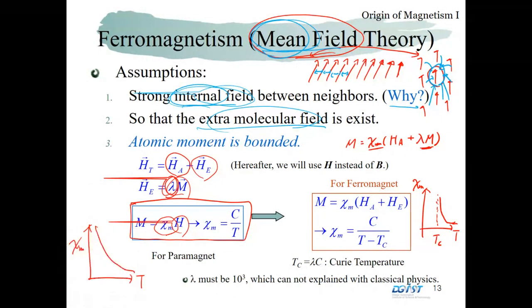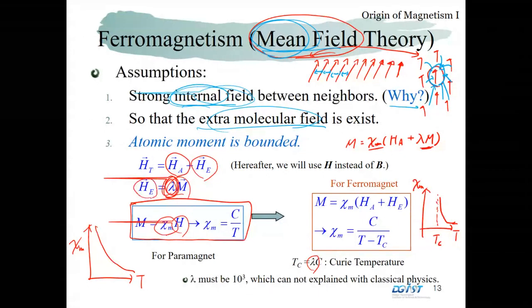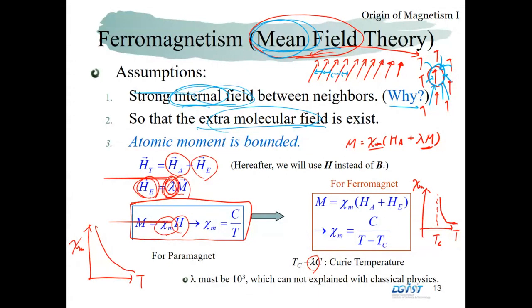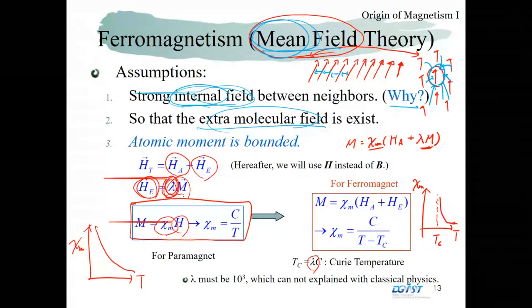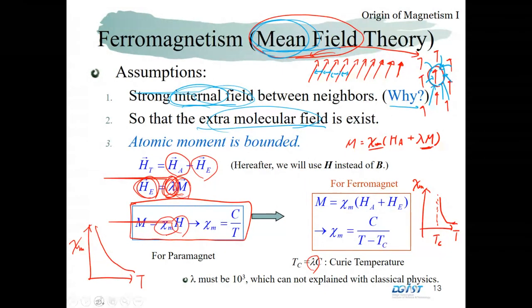The puzzling point is the magnitude of lambda. If you know the magnitude of lambda, you can easily imagine the size of the molecular field. And if you think about the dipole interaction of the dipole field because of this magnetic moment, you can calculate the magnitude of lambda.